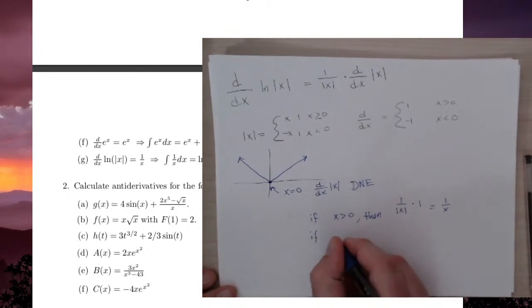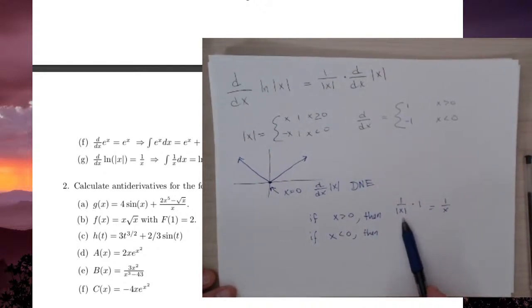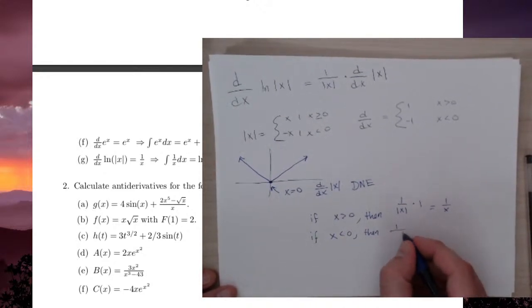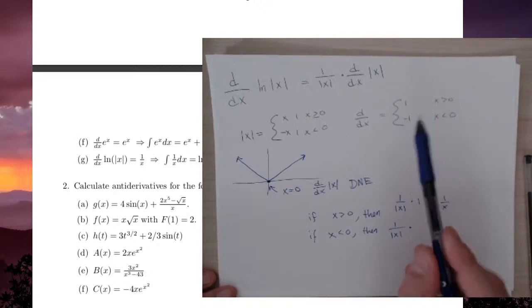Similarly, let's check the other side. If x is negative, well then the absolute value of x is negative x, and the derivative is -1.